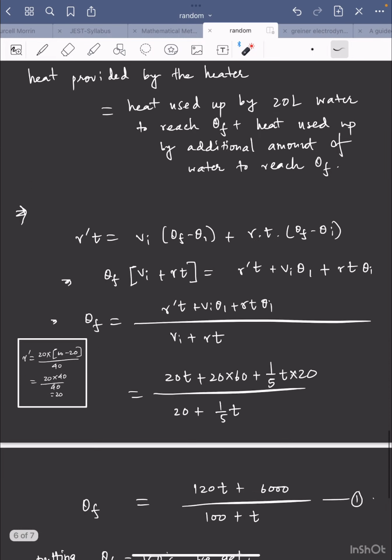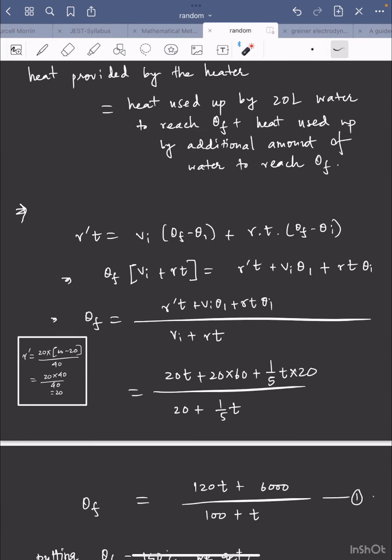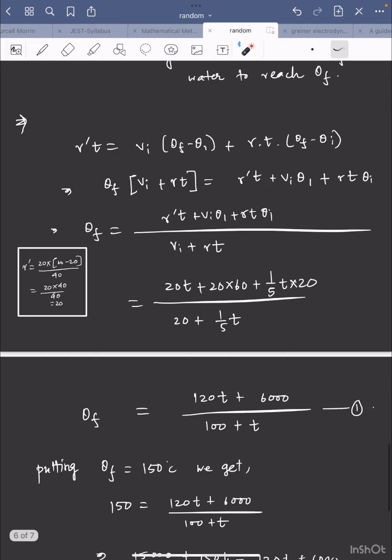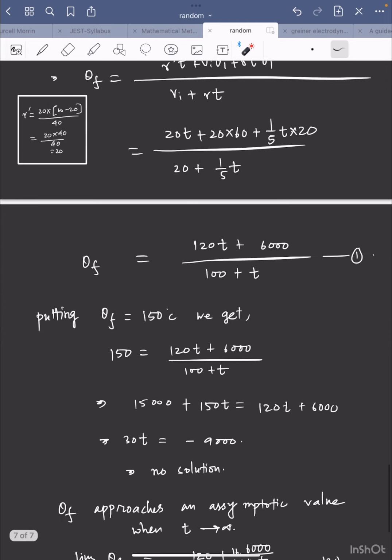From there we can get R dash, where Vi is 20, theta 1 is 60, and R is 1/5 liter per minute. This is t, this is theta I equals 20, and this is 20 Vi plus R, 1/5 into t.